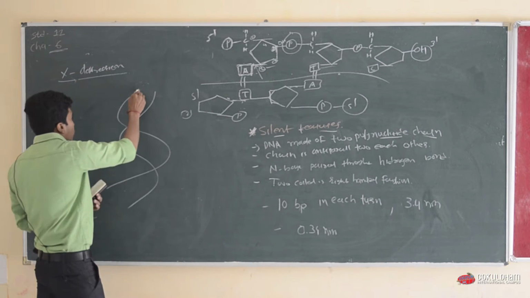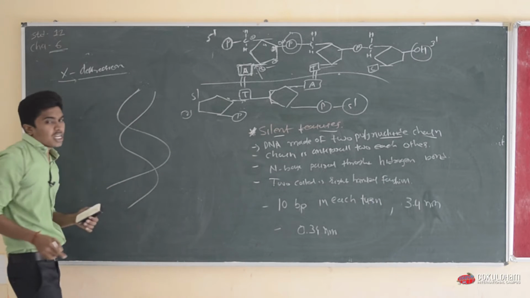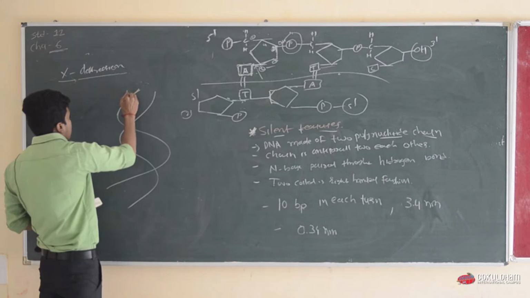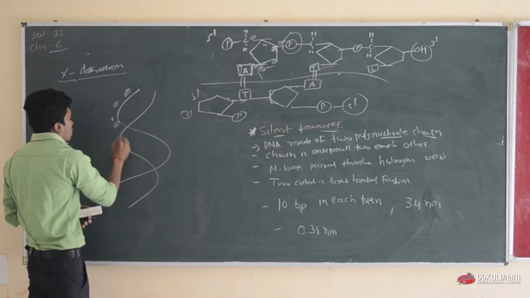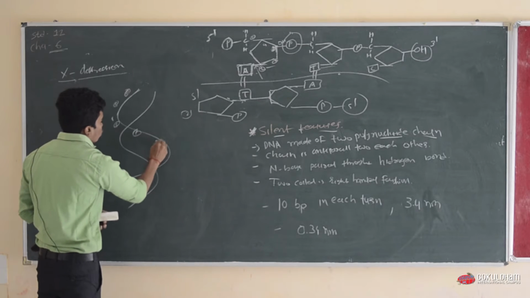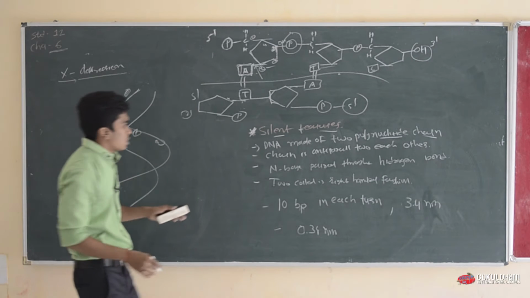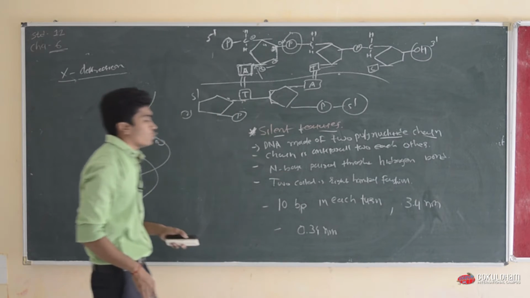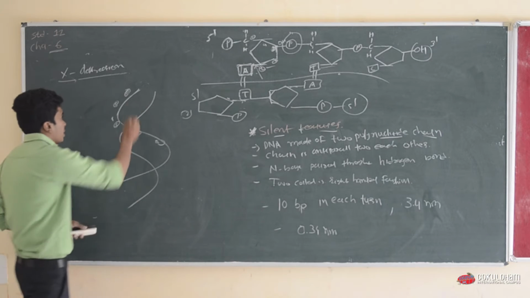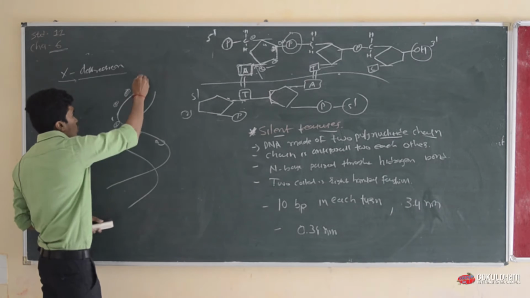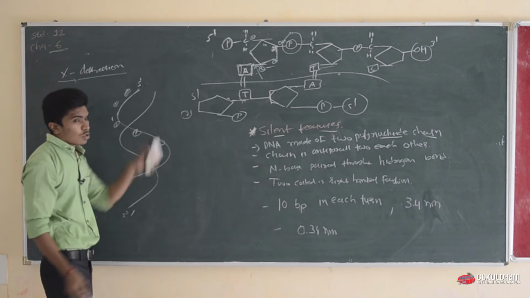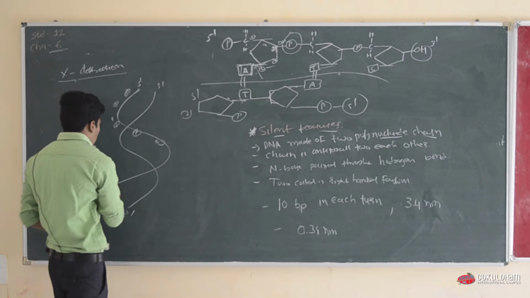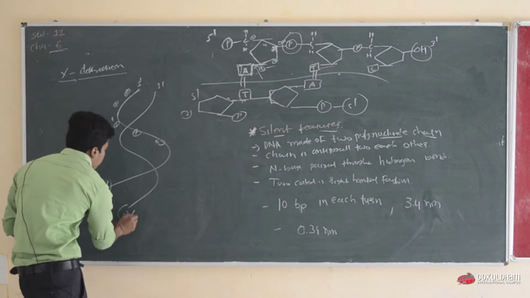This is a single chain of DNA and this is another chain of DNA. Each polynucleotide chain is made up of phosphate, sugar, phosphate, sugar, phosphate, sugar. The chains are anti-parallel to each other, as we have seen here: one chain goes from the 5' to 3' end and the other goes from the 3' to 5' end.